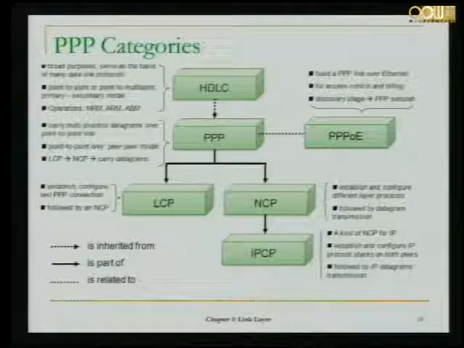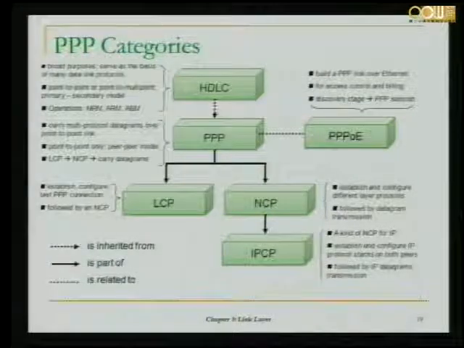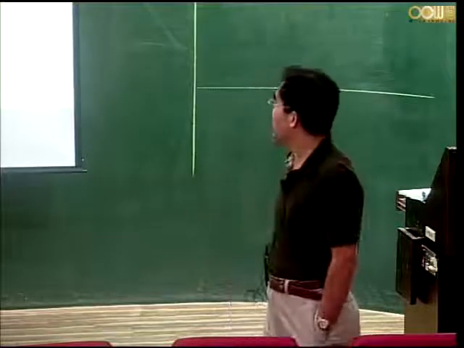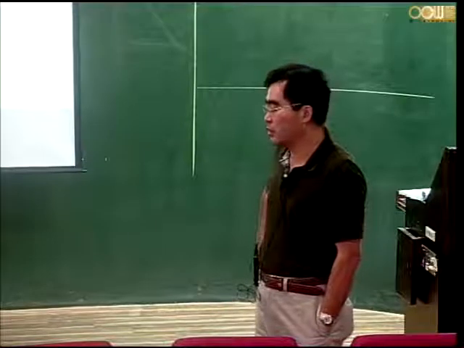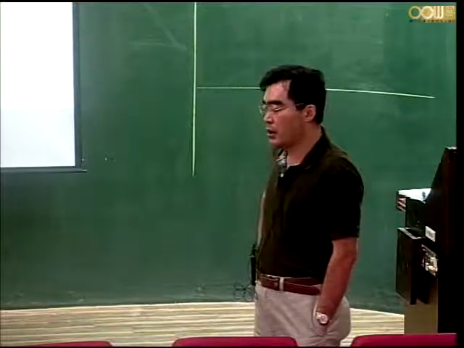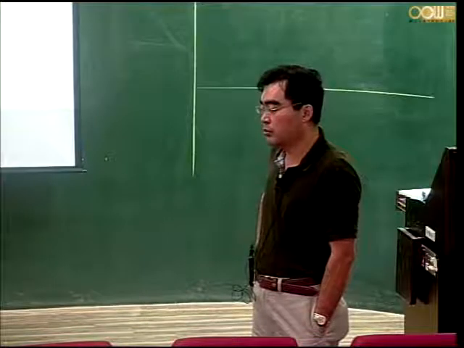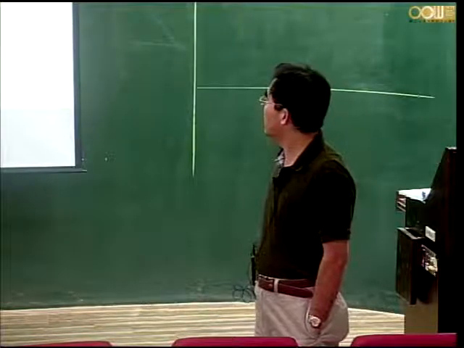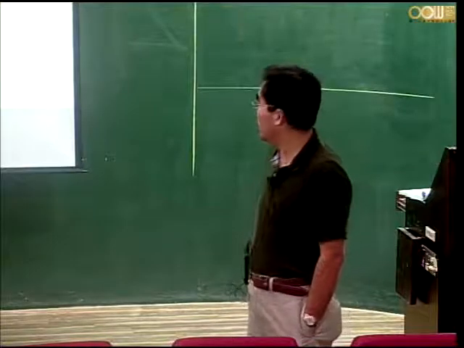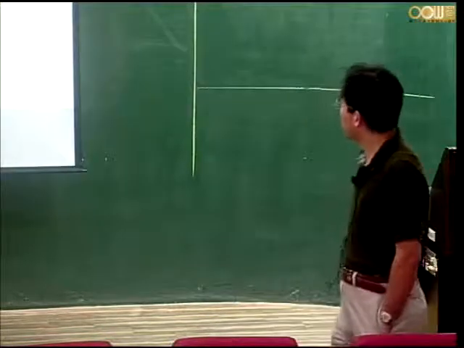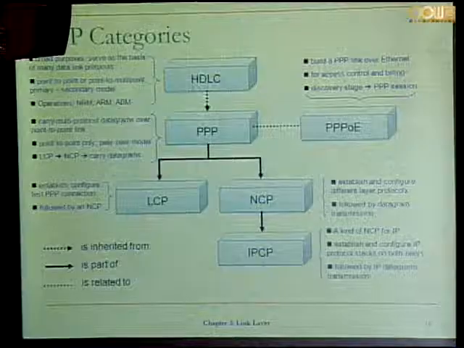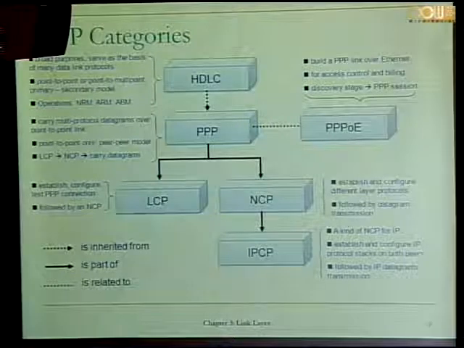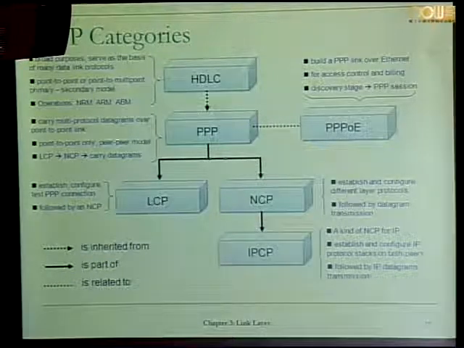HDLC evolved into PPP, but in the evolution process, it was much simplified. As I mentioned, PPP has removed the flow control, no acknowledgement, but still leaves the CRC for error detection. Okay, so it's much simplified. And within PPP, you got LCP and NCP.